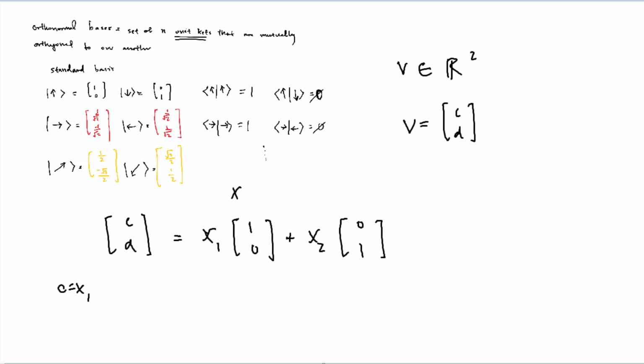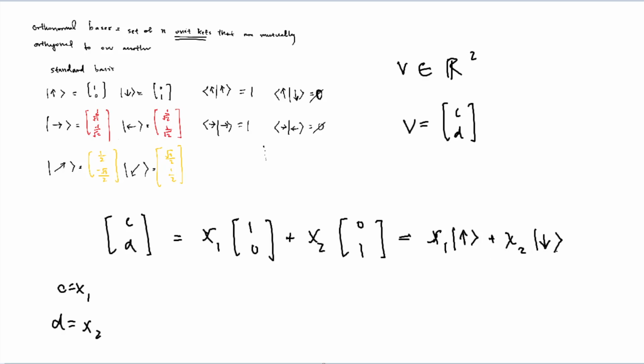We can similarly make the claim that d is equal to x2. And so if we substitute in this definition that we established right up here, then we can clearly say that c d can be expressed such that x1 is multiplied by your up ket plus x2 times your down ket.